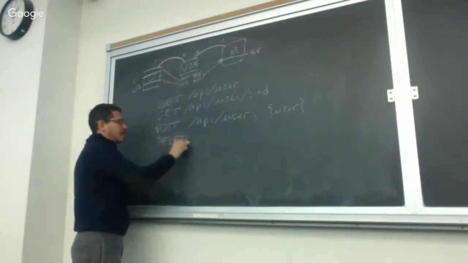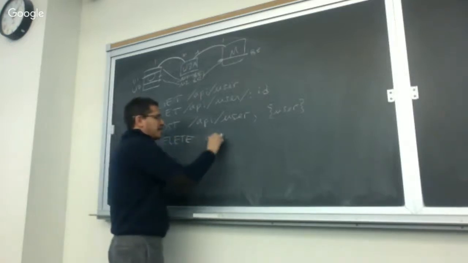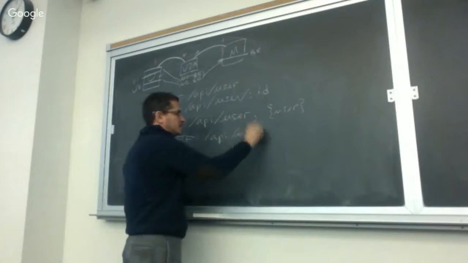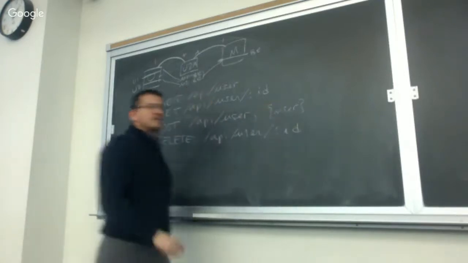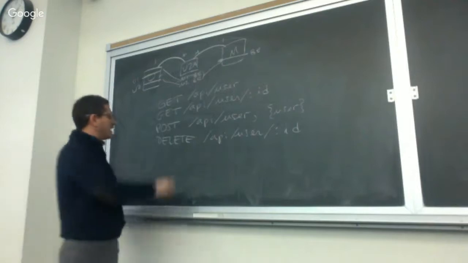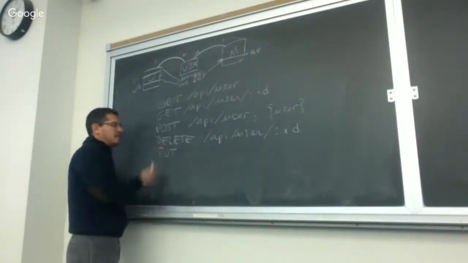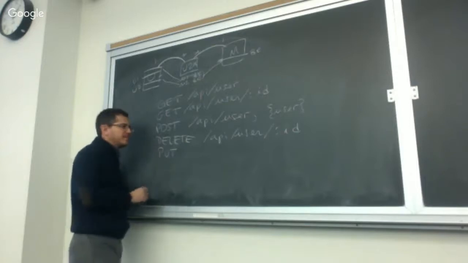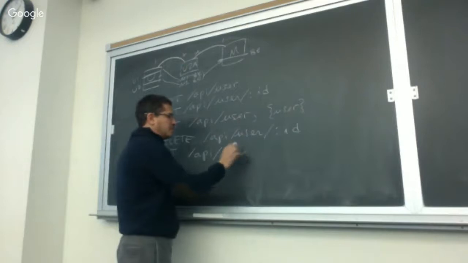If I wanted to remove a user, I would use an HTTP DELETE. I would provide the API, user, and then the ID of the user I want to remove. See that? Everybody okay? Right. And finally, if I want to update the user, I would use the HTTP PUT, and that would be API /user.